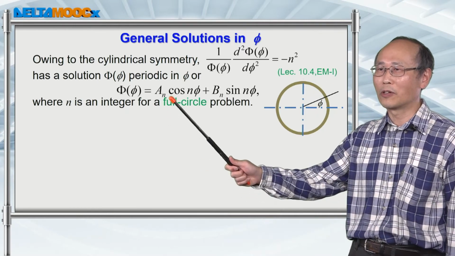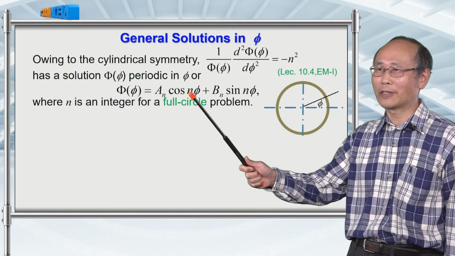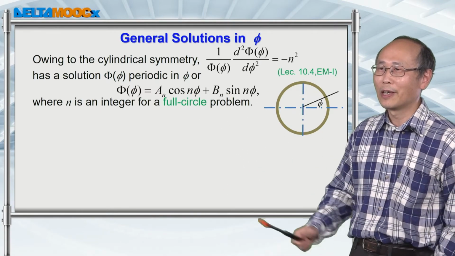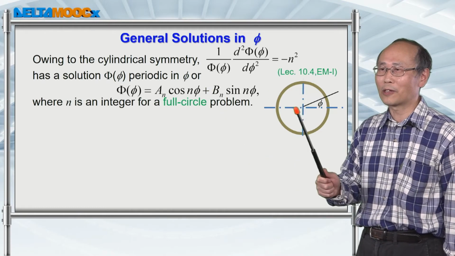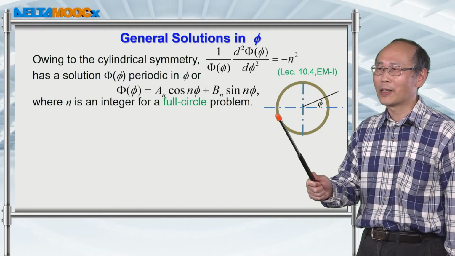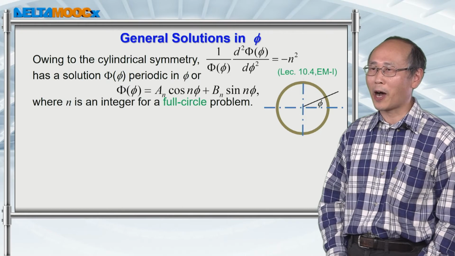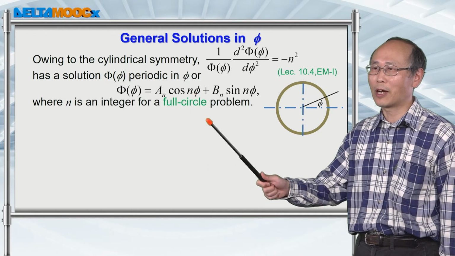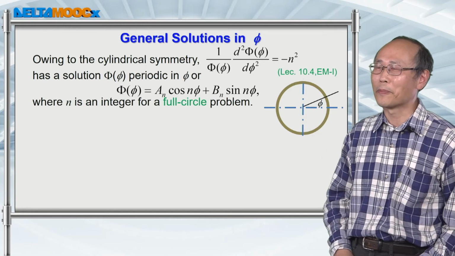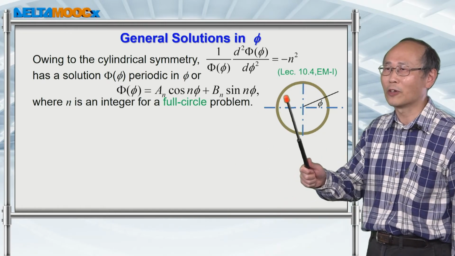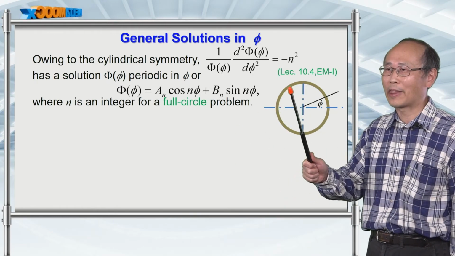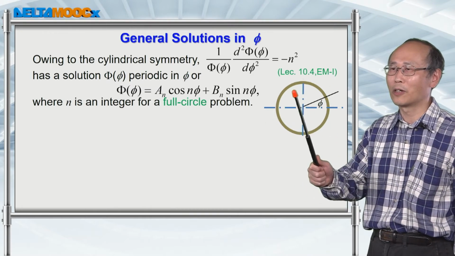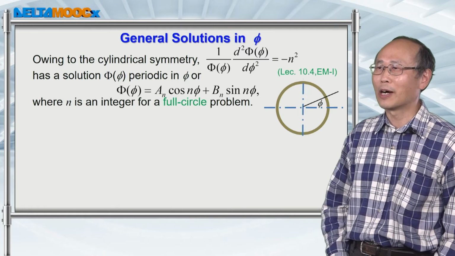And the solution looks like this, which is the superposition of a cosine function and a sine function. And you know that for a full circle problem, there's always a periodicity of 2 pi. So this n has to be an integer for such a full circle problem, because whatever field you have, say at this point, if you rotate 2 pi back to the original position, then the field is going to be the same.